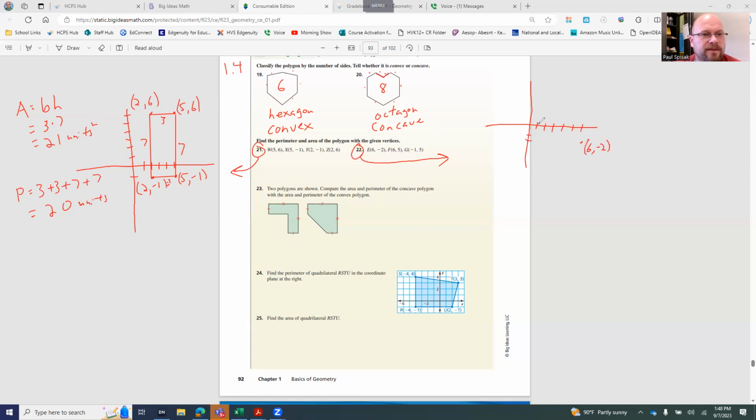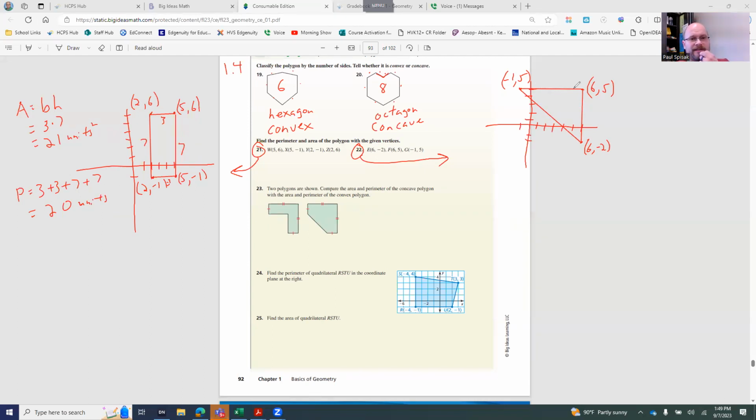Then we had 6, 5, 2, 3, 4, 5. Then we have -1, 5. So just like the last one, we have some nice horizontal and vertical lines here. We end up with a triangle this time.